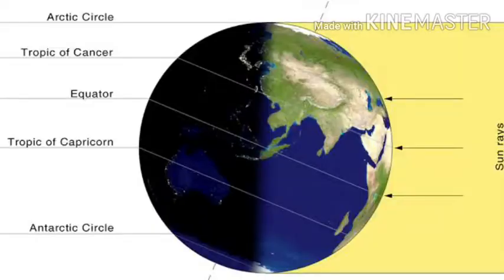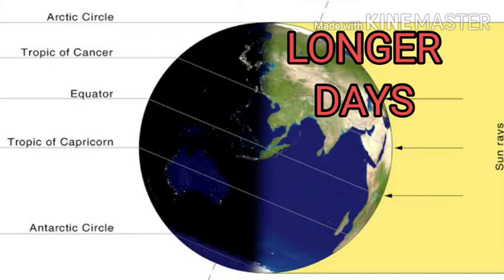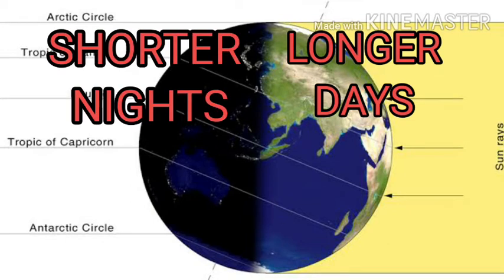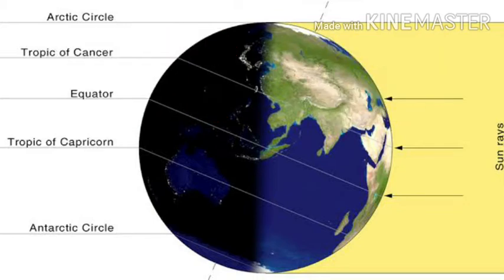That's why in this time the duration of day is longer and the duration of night is shorter in the northern hemisphere, as we move from the equator towards the pole.